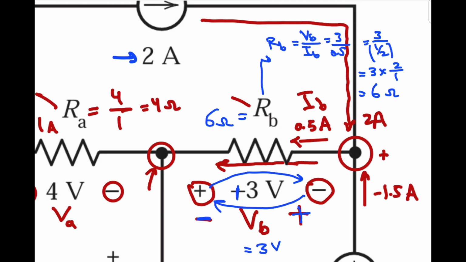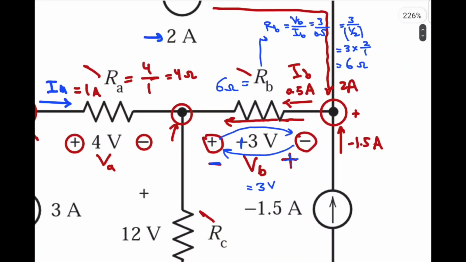Now what about RC? Notice that at this node, the current entering has a value of 0.5 ampere, and the other current entering is 1 ampere.